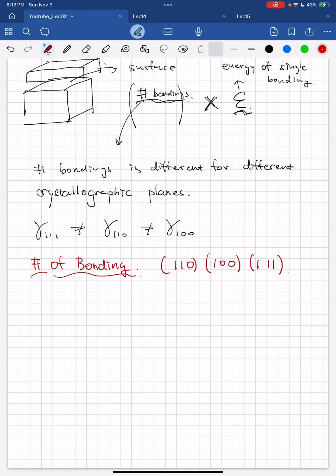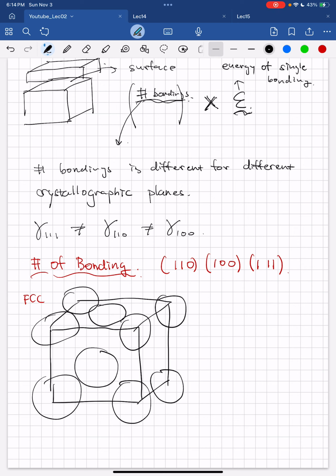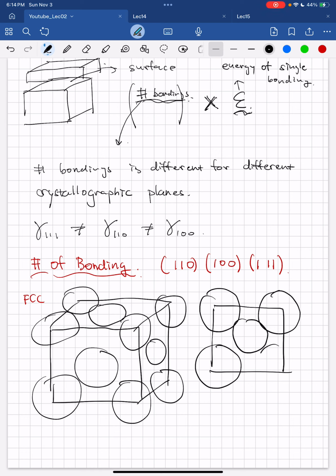so when you think of an FCC crystal, you have an FCC crystal like this. Then when you look at 100, let's go with the easiest one. It looks like this, right?